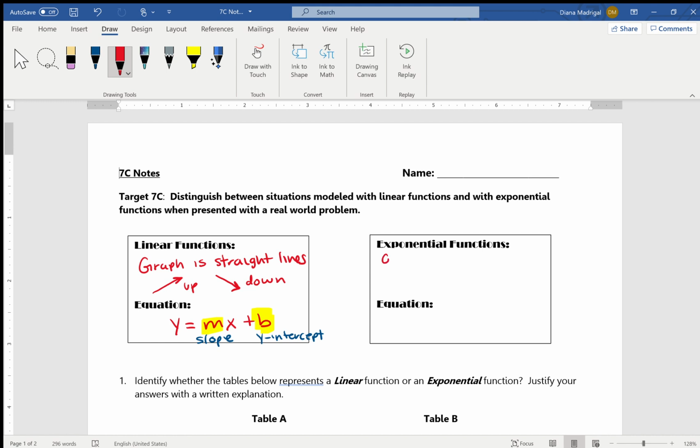Exponential graphs are curves. They can go up, forming a little U shape, or they could go down, but it makes this U shape.